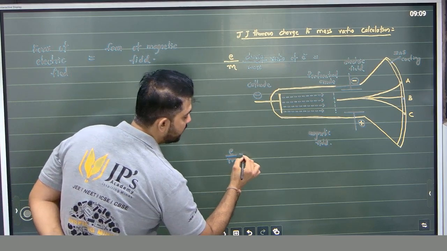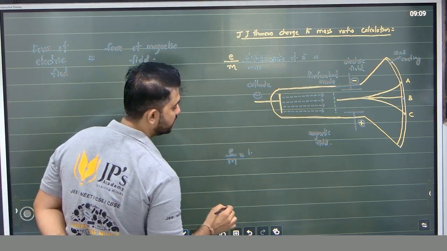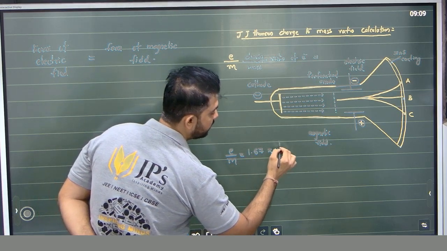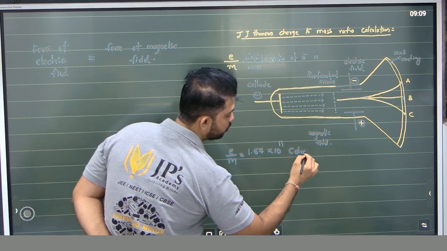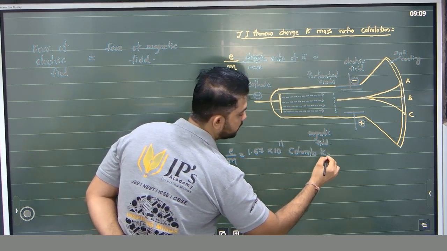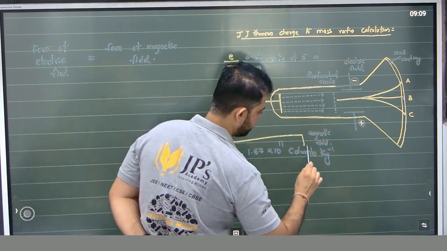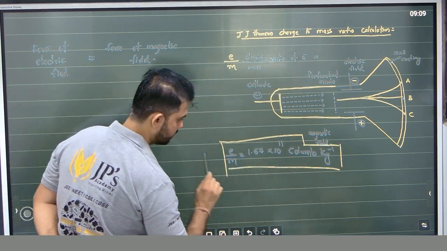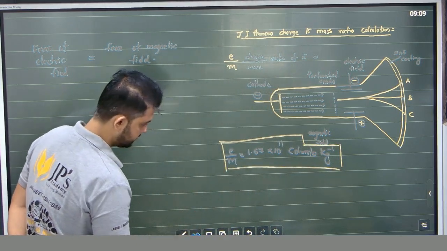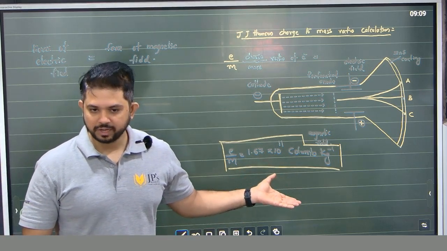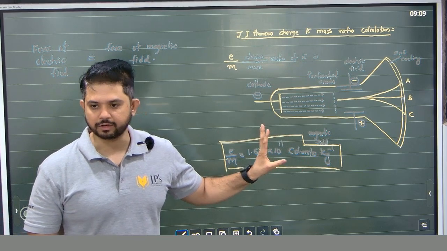The value came as 1.67 into 10 to power 11 coulombs per kg. So, majority के लिए आप सिर्फ value by add करके रखो, that is more than enough.